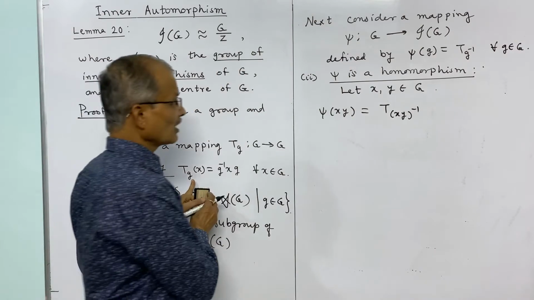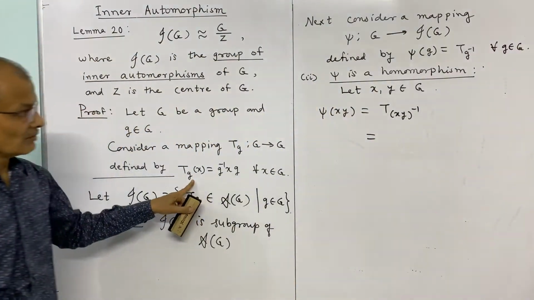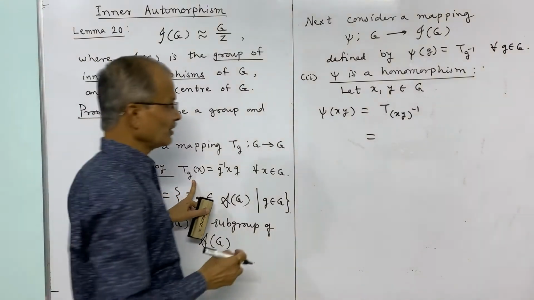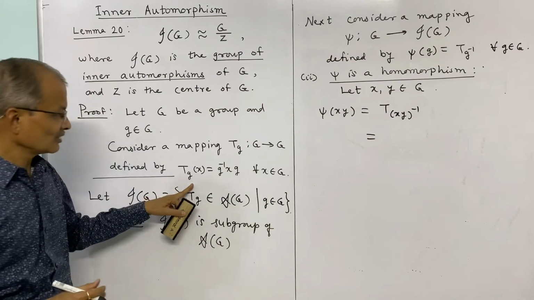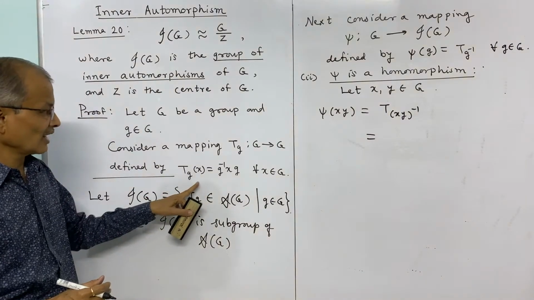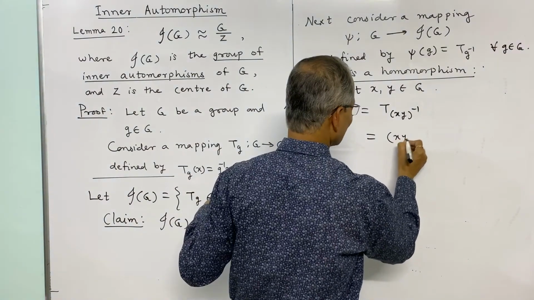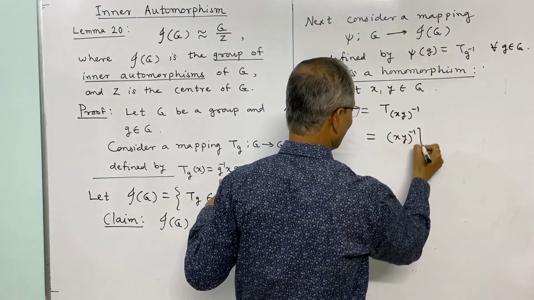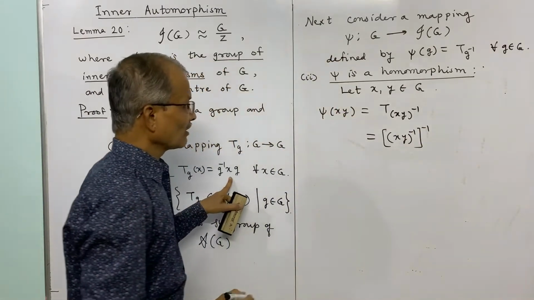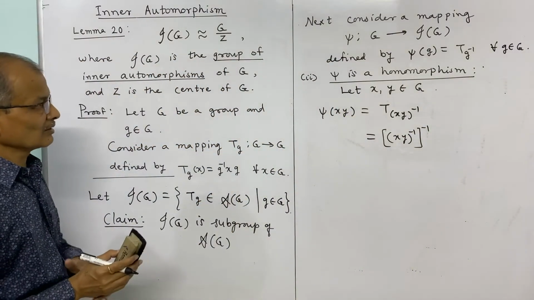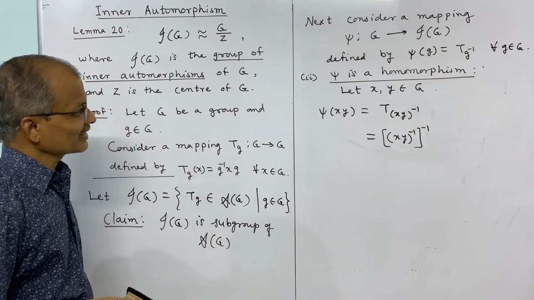So Tg inverse will be, we should write the inverse first, that is the inverse of xy, and we have to obtain psi of xy.